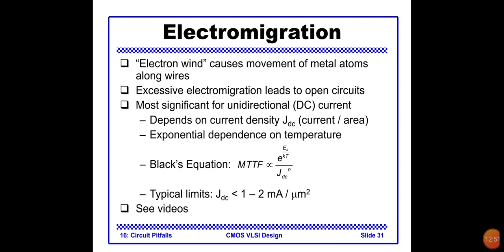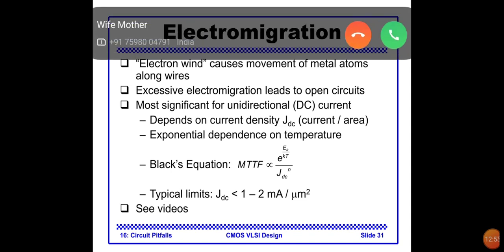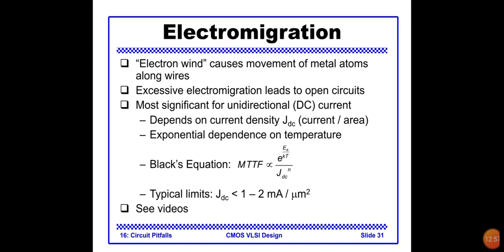Electromigration: the electron wind causes movement of metal atoms along wires.